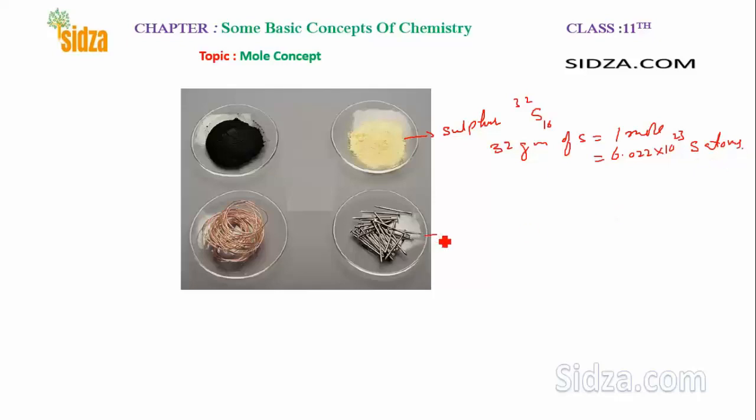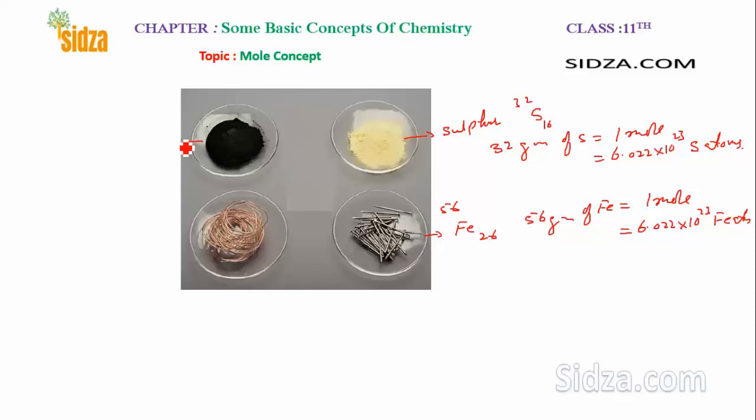For the iron, atomic number is 26, atomic mass is 56. 56 grams of iron equals 1 mole of iron, right? Which means it contains 6.022 times 10 power 23 iron atoms.